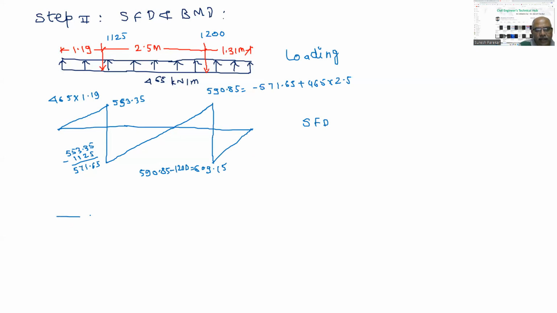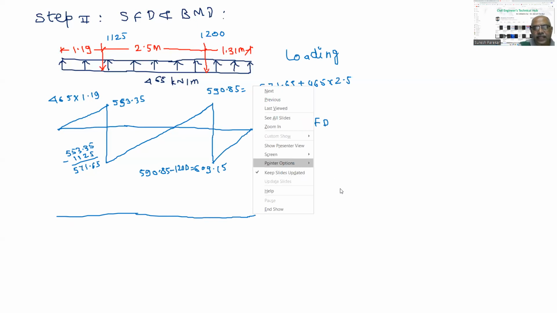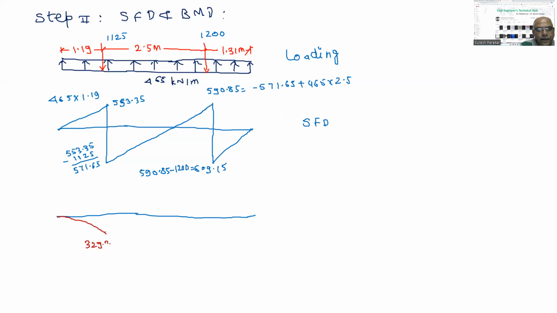So we have WL square by 2 from both sides. And then we will have this value that is equal to WL square by 2, 329.24 under the column. At 0 shear force, actually this value comes very less, 22.14.